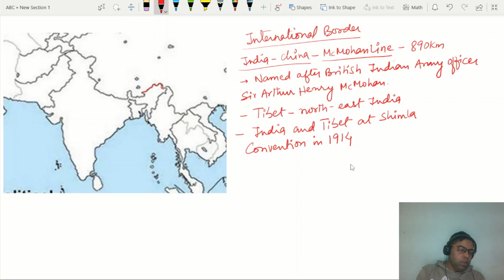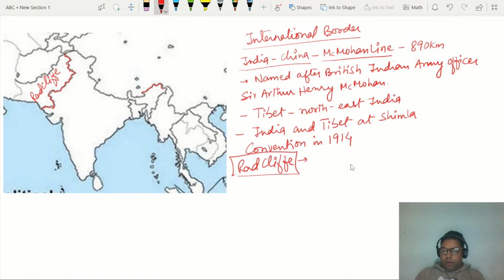Then after, the next line is between India and Pakistan. This is called Radcliffe line.